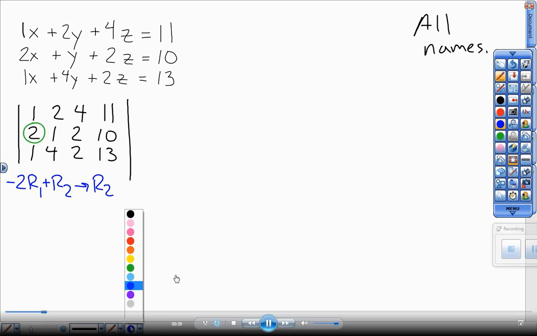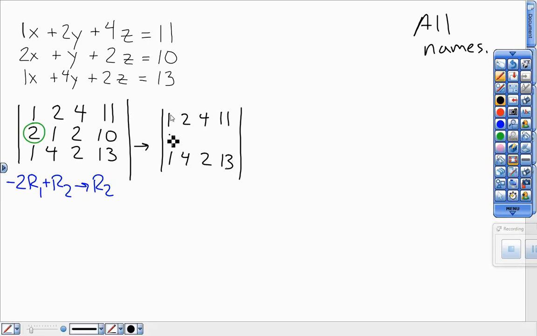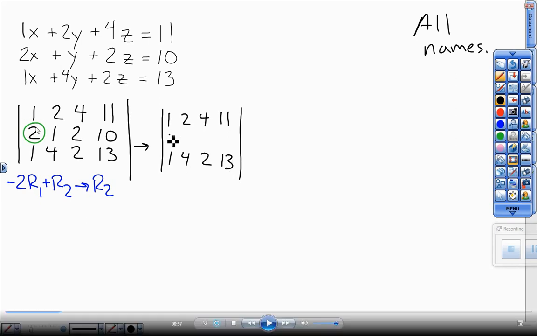So here I go. -2 times that 1 is -2. What I'm doing first is writing the numbers in the rows that are not changing. All I'm doing is multiplying this middle row and changing it. So -2 times this 1 is -2 plus 2 gives me 0.